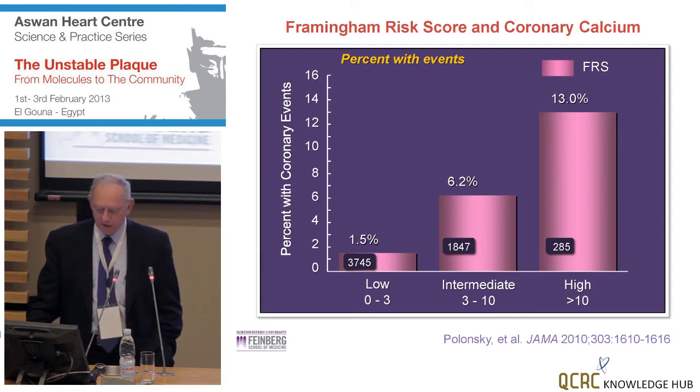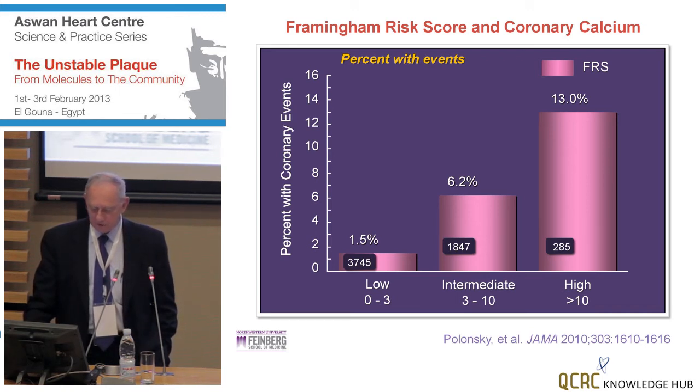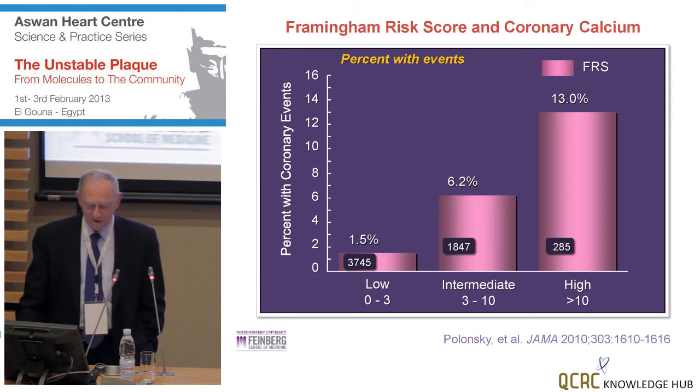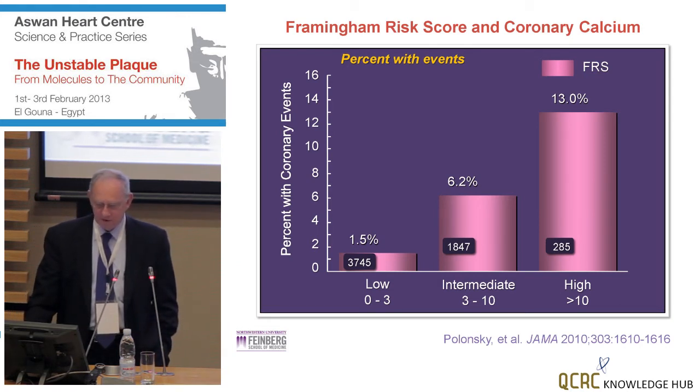Polanski and co-workers in the MESA trial looked at the number of patients who had coronary events in MESA, death or myocardial infarction, first applying the Framingham risk score. Low Framingham risk, high Framingham risk, intermediate Framingham risk. So the Framingham risk score works quite well. We identify the low risk group, intermediate risk group, high risk group. So it's a verification of Framingham.